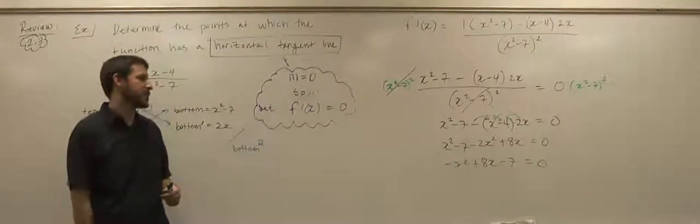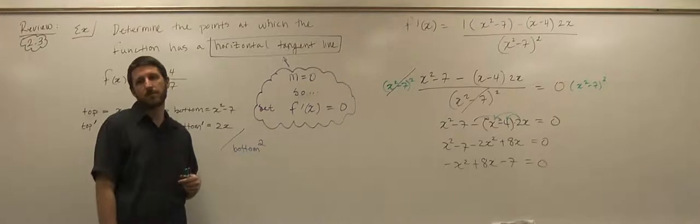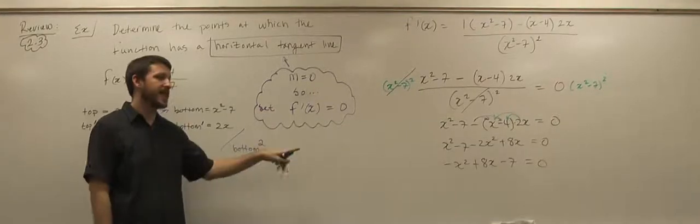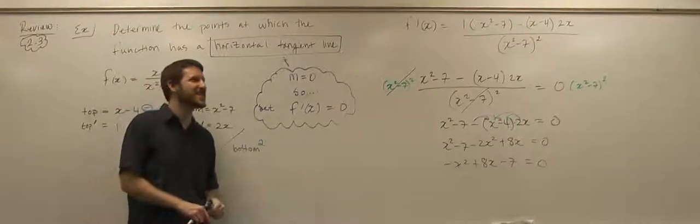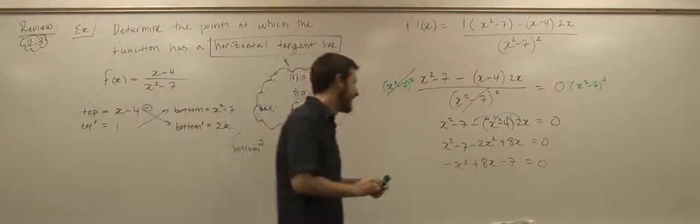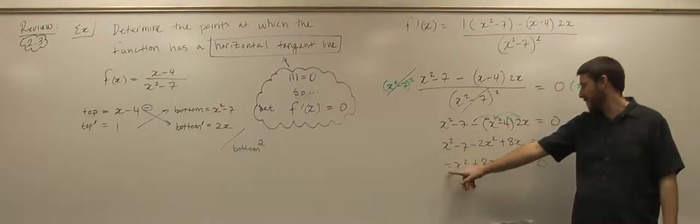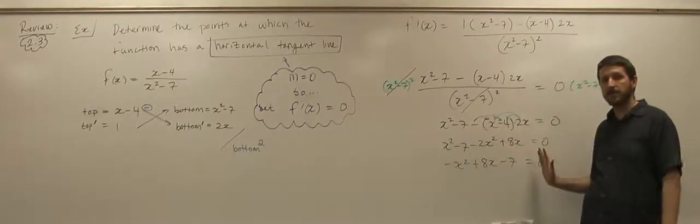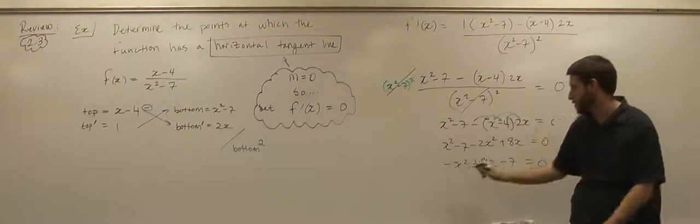So you have a quadratic equation to solve. First of all, I hate that negative. That negative's freaking me out right now. Quadratic formula? Get out of here with the quadratic formula. So we have negative x squared plus 8x minus 7. I'm going to get rid of this negative. You can either multiply both sides by negative 1, or you can factor it out, but let's just multiply.